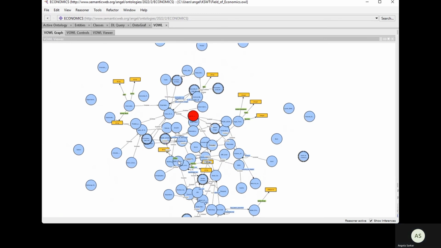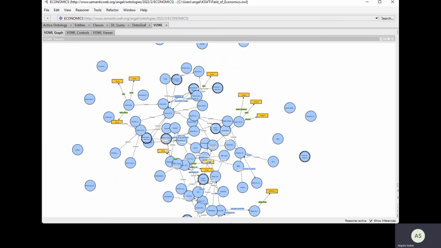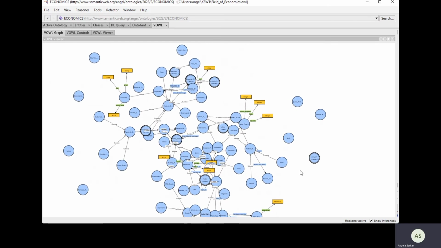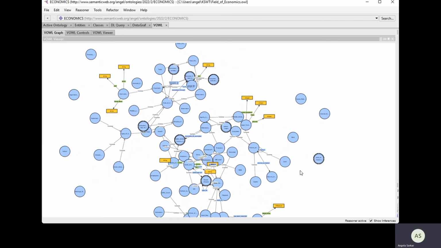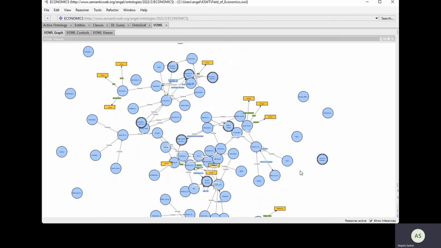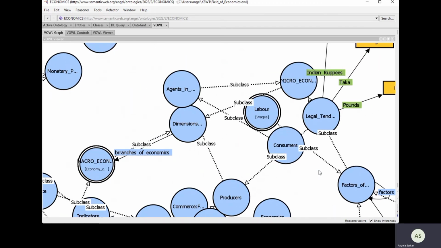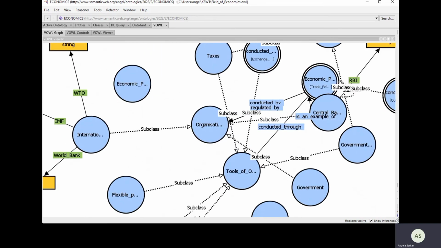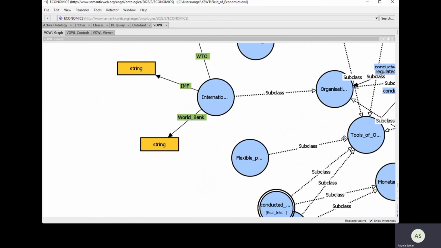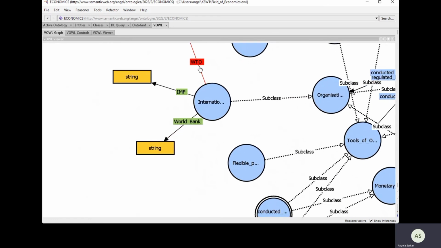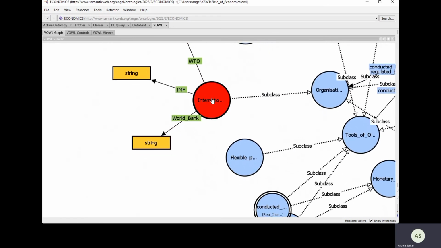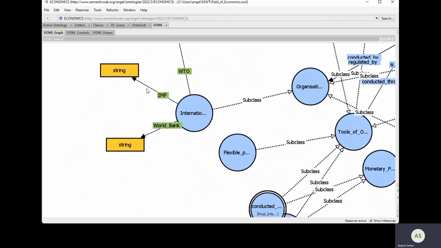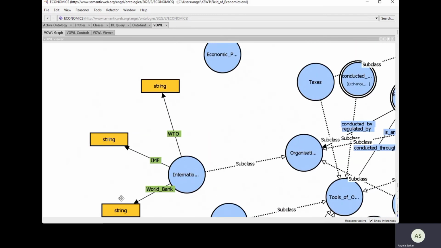Yes, it takes time to get its place and be clearer. If I dive down here, you can find this particular international organization. I have defined World Bank, IMF, WTO as the instances of this international organization, and they are defined as literals and strings. So they are coming up like this.